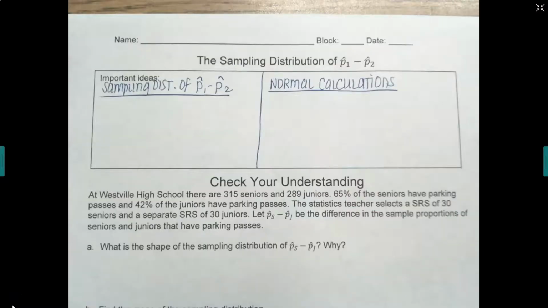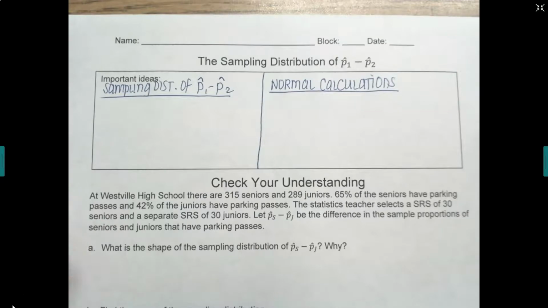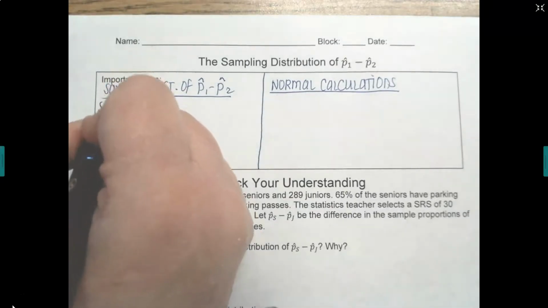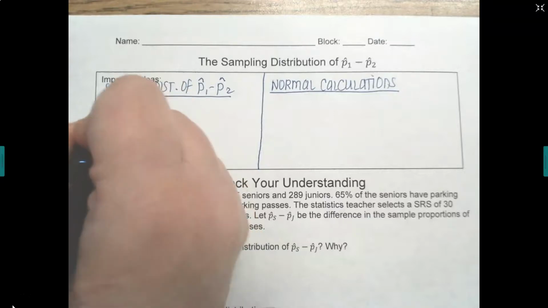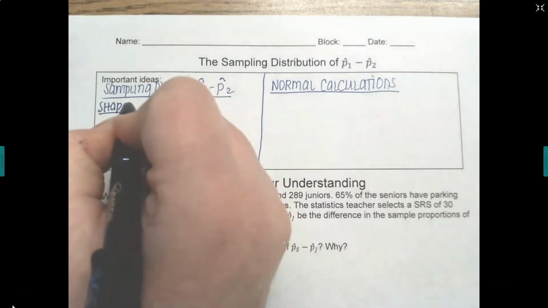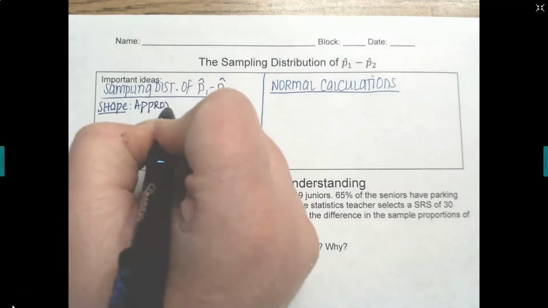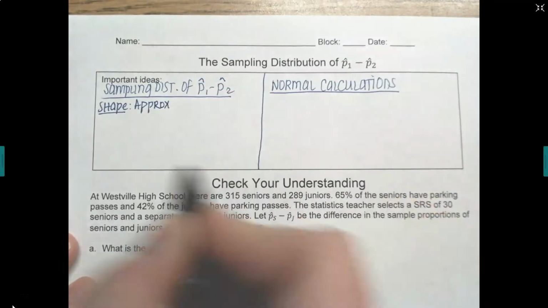All right, there are two major topics I want to be sure that you take away from today. So when we're talking about the sampling distribution, the difference in proportions, to find your shape, we're really looking to see if it's approximately normal. That's what we're checking so we can do these normal calculations over here.